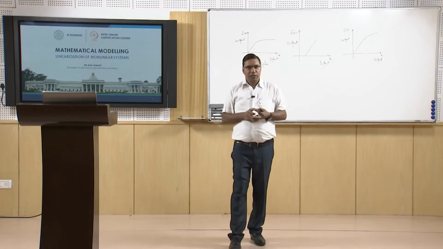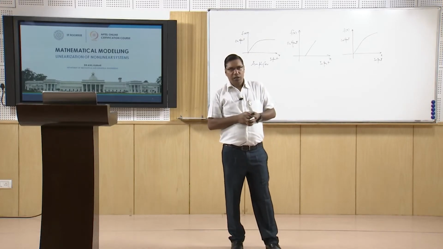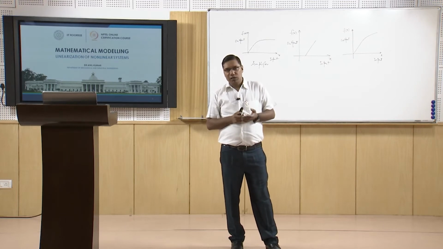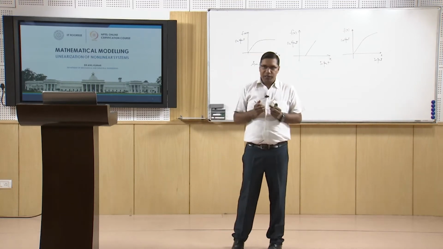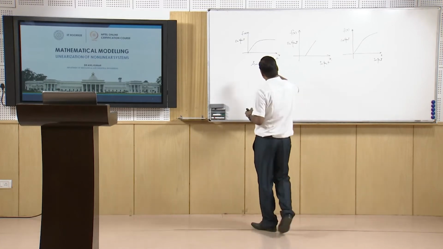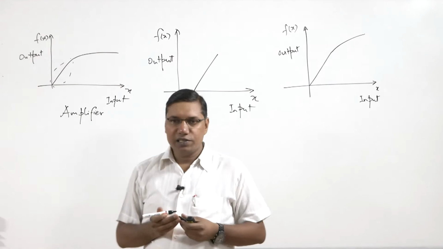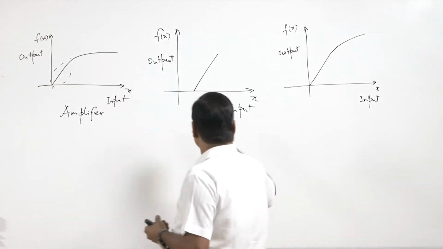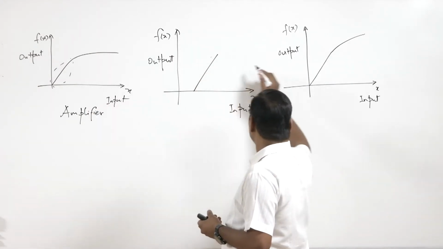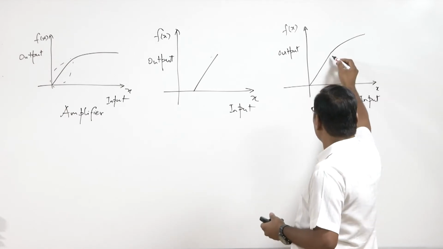So we can see that there are several systems that behave as a nonlinear system. But if we consider a certain range like this part, here we can approximate it as linear. This part we can approximate as linear, and this part we can approximate as linear.